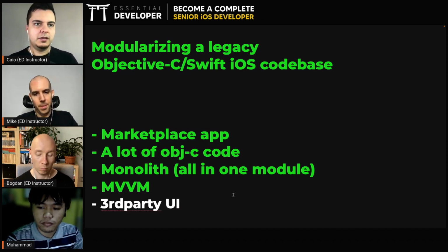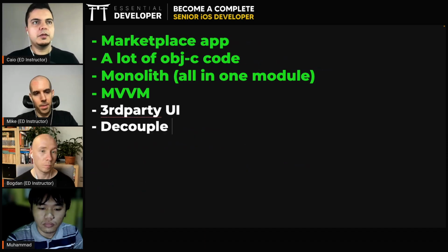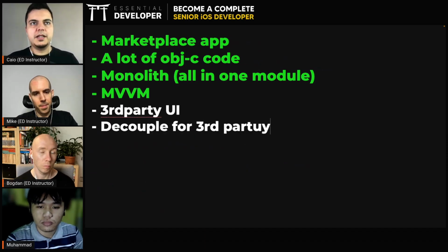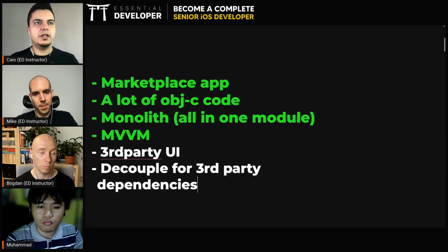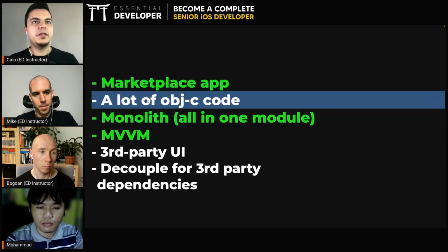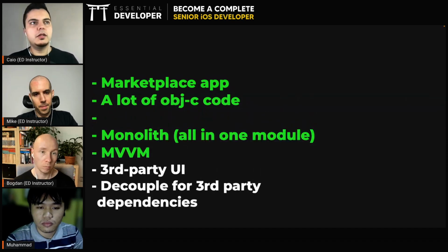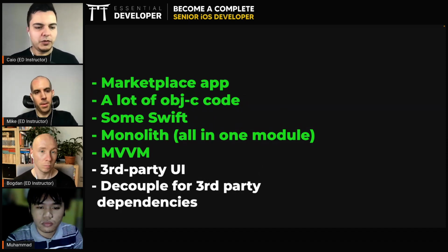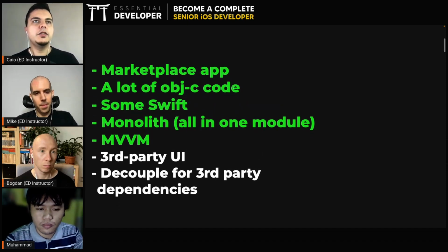Okay. So you want to decouple from third party. So you have a monolith app. Everything is in one module with a lot of Objective-C and also some Swift. Everything you add from now on is going to be Swift, right? Yes. The new code. Okay. And do you want to also convert the existing Objective-C code to Swift at some point?